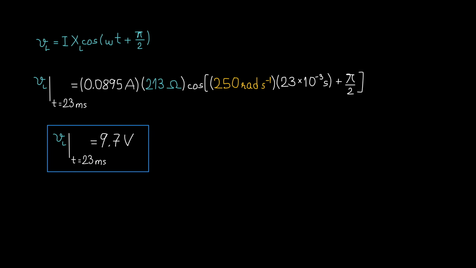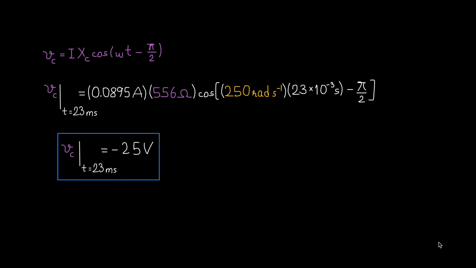Remember, the voltage amplitude for the inductor is I times x sub L, and the argument of cosine is omega t plus pi over 2 because the inductor is leading the current by 90 degrees. Next, we calculate the voltage across the capacitor using the formula. Keeping two significant figures, we get negative 25 volts for the voltage across the capacitor at t equals 23 milliseconds.